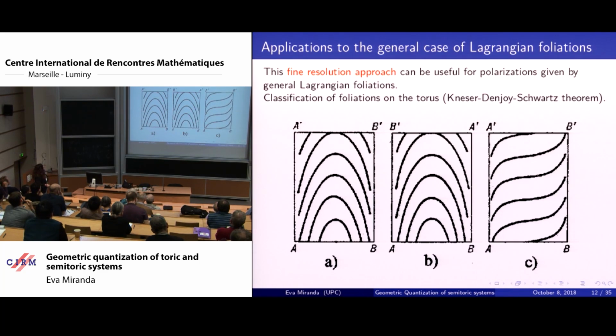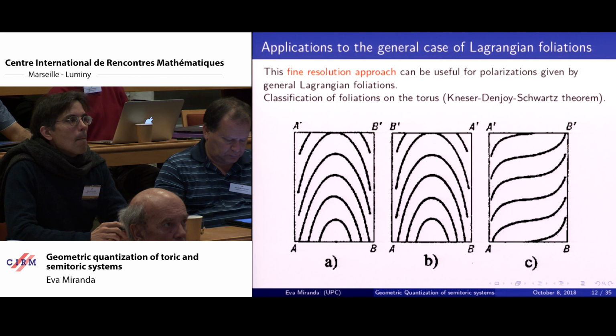Okay, so let me talk about the general case of Lagrangian foliations. This fine resolution approach is something we started to work on with Romero Solha in his thesis, but the general Lagrangian case we did with Fran Presas.